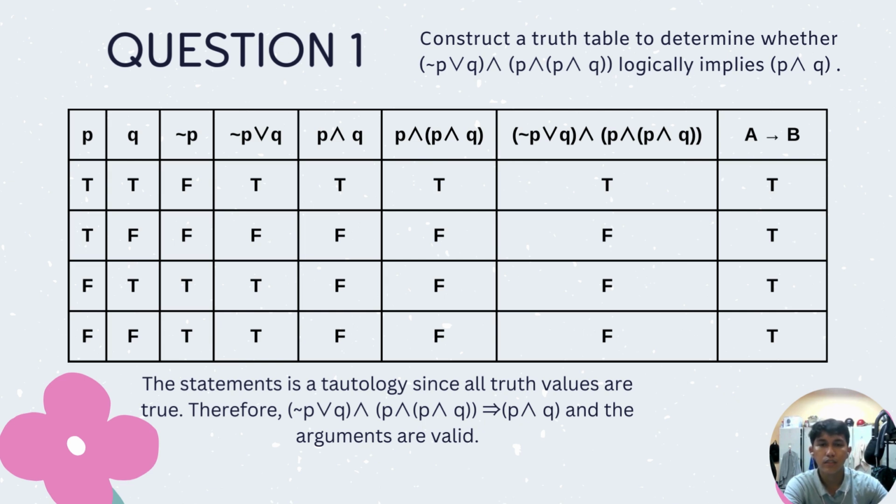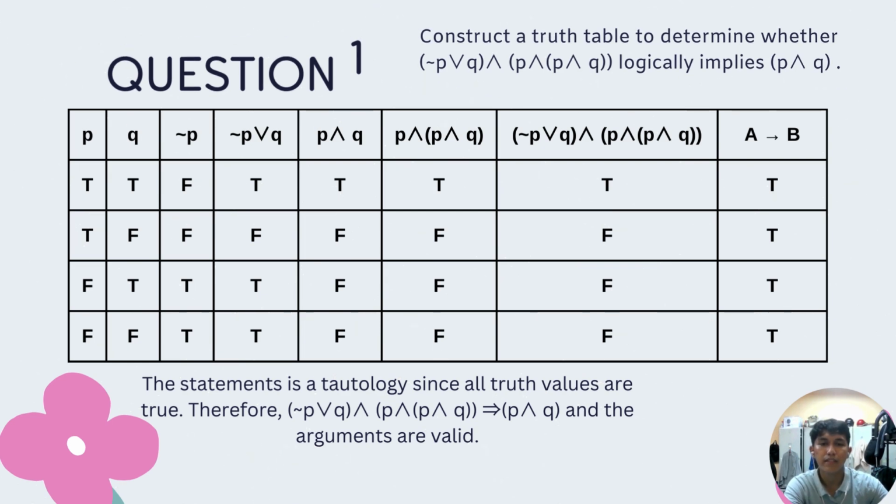Since the statement is a tautology, because all values are true, therefore (negation P or Q) and (P and (P and Q)) implies P and Q, and the argument is valid.